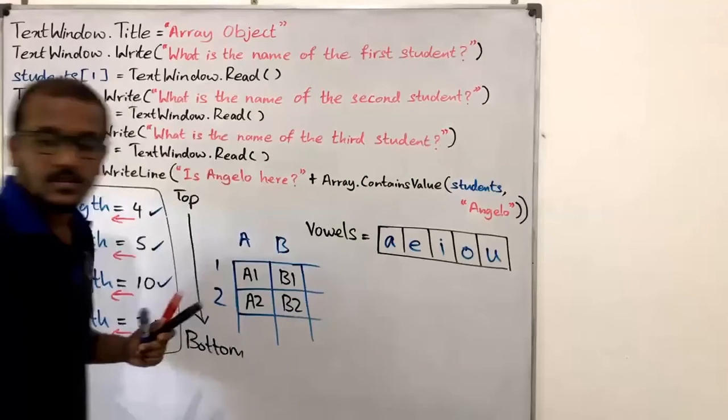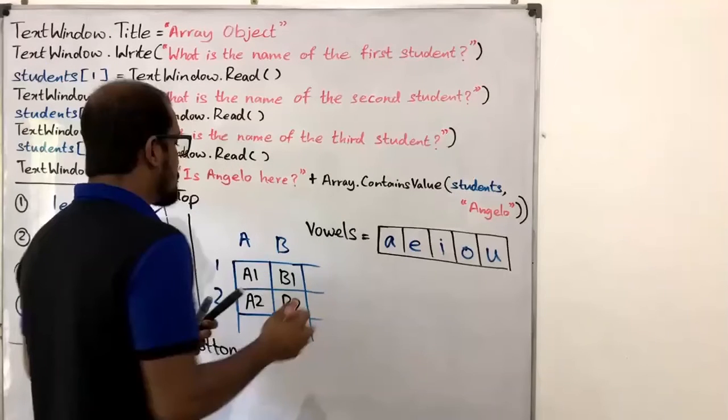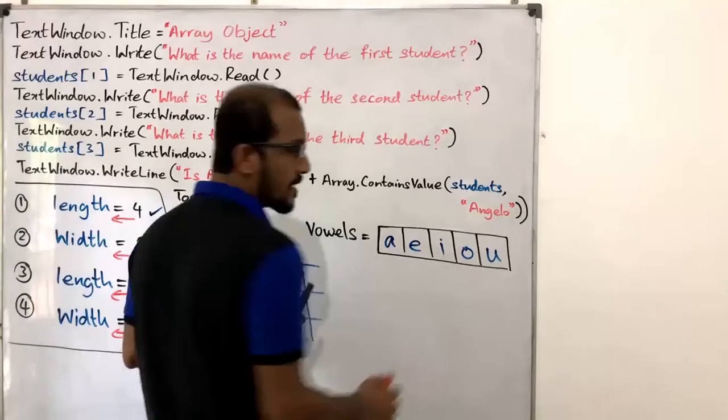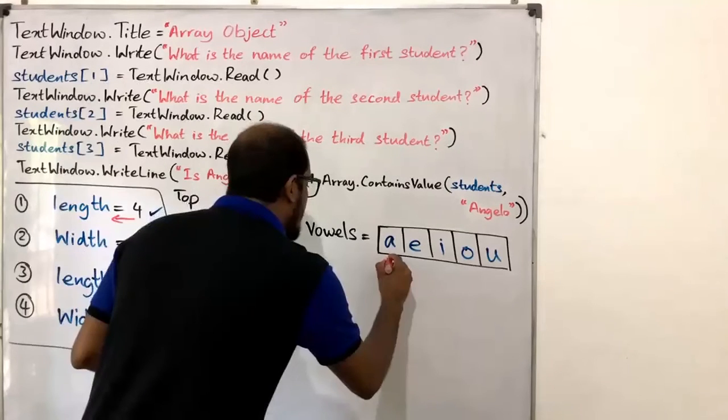Those addresses start from 0, then 1, 2, 3, 4, likewise. So the address of this value is written like this.